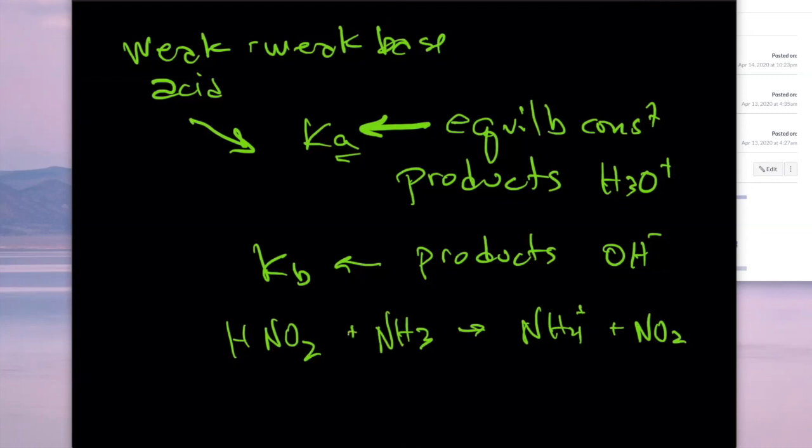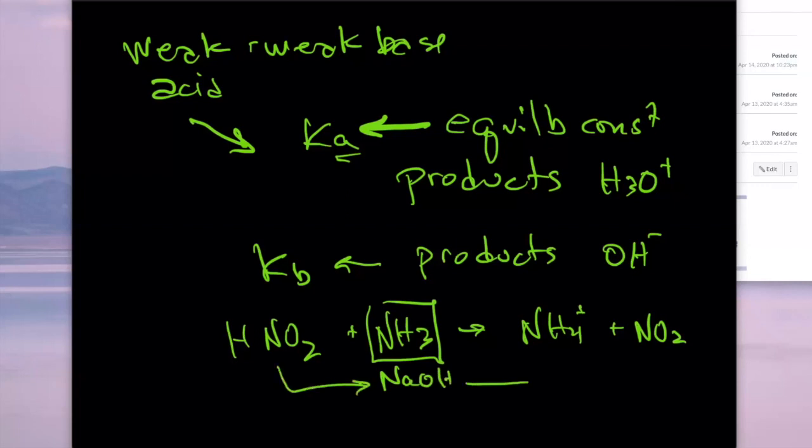Well, what you have to do there is you have to work out the stoichiometry first. Okay, you have to work out the stoichiometry. Usually you're not given a weak base, you're given, like, say, sodium hydroxide. You got to figure out, this is going to form water. And then if the hydroxide is the limiting reagent, then you're going to have some HNO2 that is in excess.